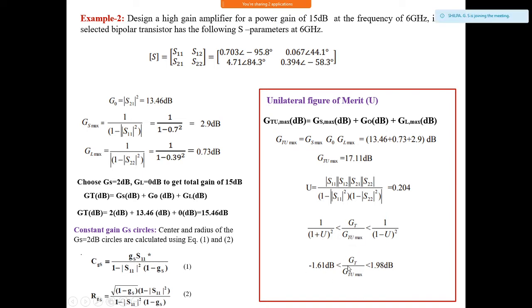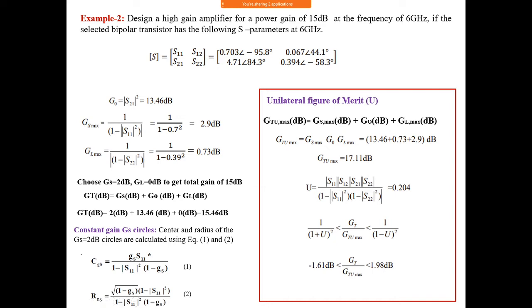This is called the error limit. If the ratio of GT by GTU maximum is bounded like this, then you can apply unilateral design equations.